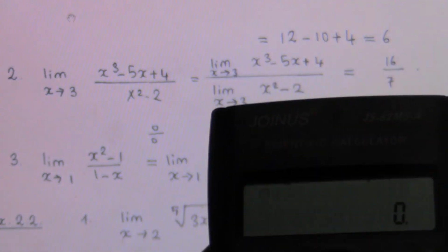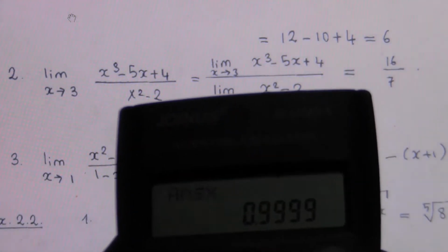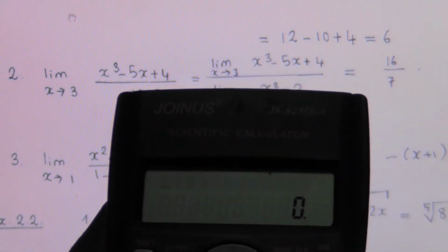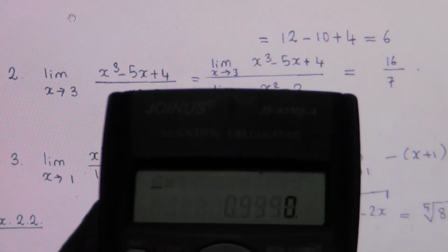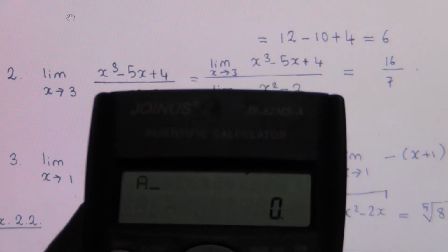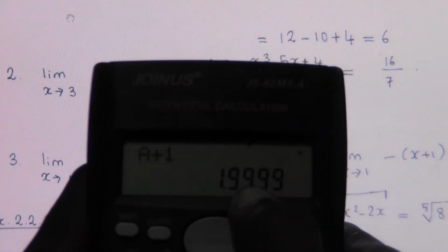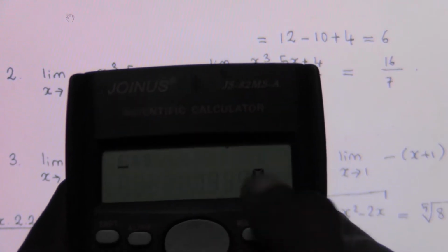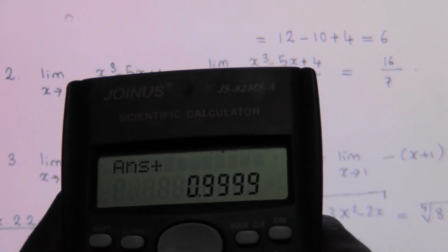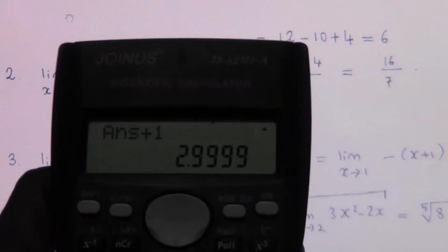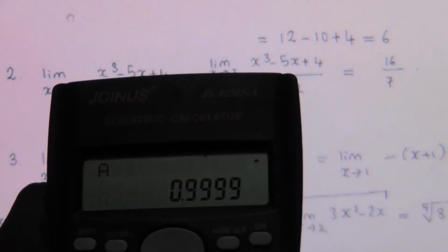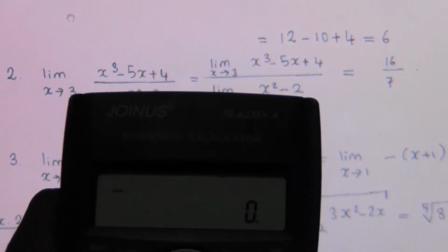Because if you use A, we know A is 0.9999, right? So if I do A plus 1, I get 1.9999, which is correct. However, if I recall A plus 1, why did I get 2.9999 this time instead of 1.9999, if A is still 0.9999? If I do A plus 1, I should get 1.9999.